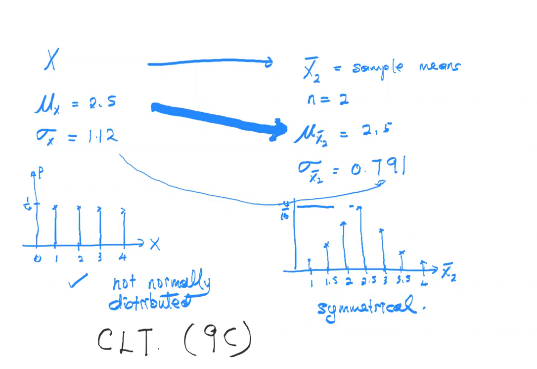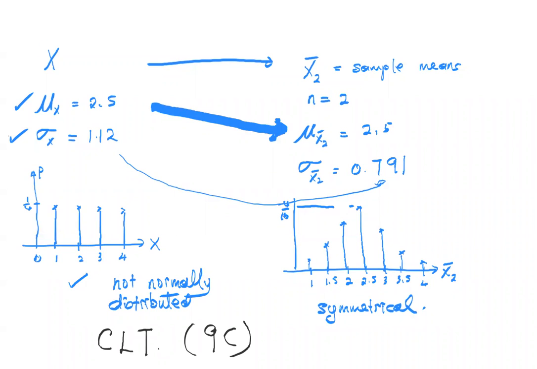X has a mean of mu. For me, I will put mu X at the bottom. Maybe in your textbook, you just put mu X like that. The subscript X tells you it is the standard deviation of X, so it's good to put X down there. And a standard deviation of this one.